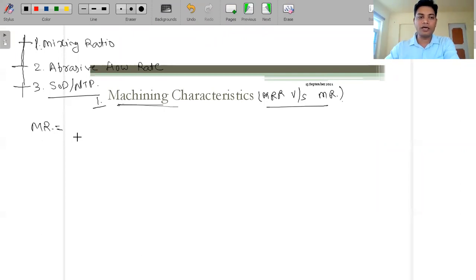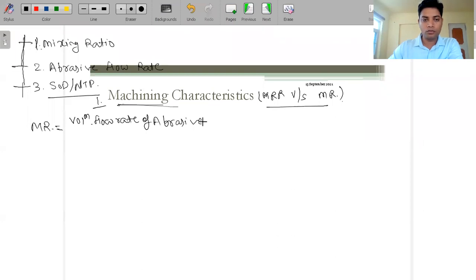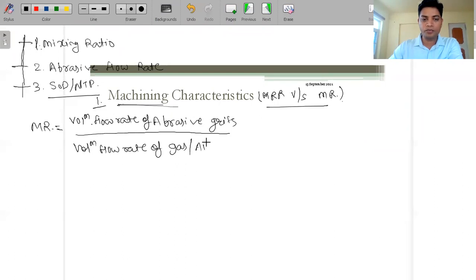Mixing ratio is equal to the volume flow rate of abrasive grits upon the volume flow rate of gas or air, we can say.